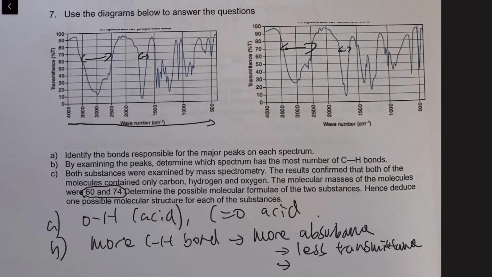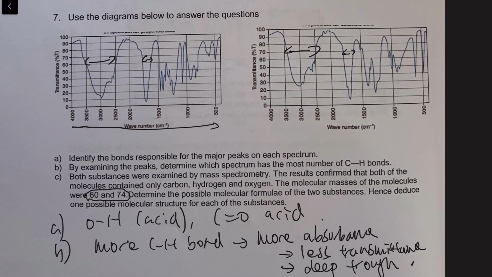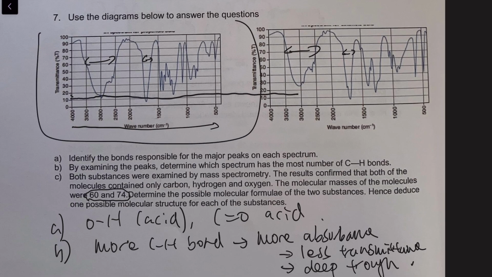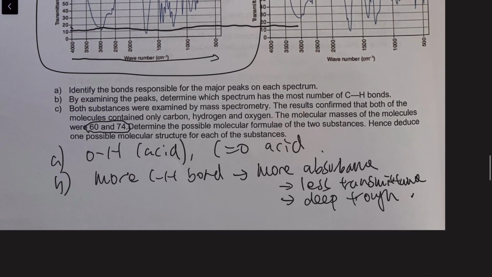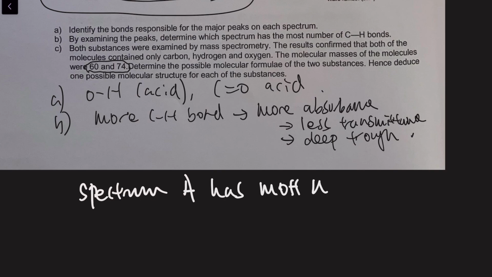So you have a deep trough. Which one has a deep trough? If you just compare across, you know that diagram A has the deep trough. So spectrum A has the most number of C-H bonds.